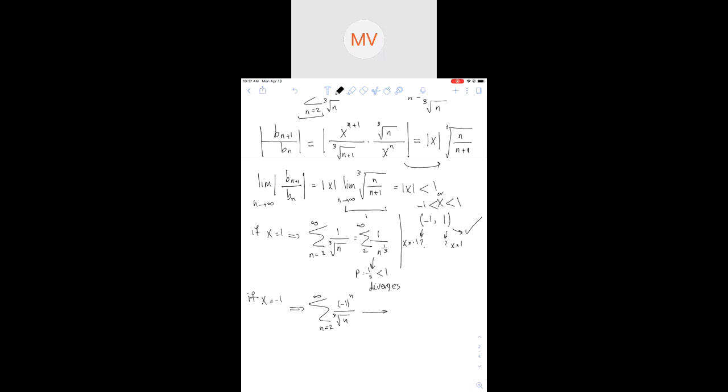So by the alternating series test, since 1 over cube root of n approaches 0, this converges.